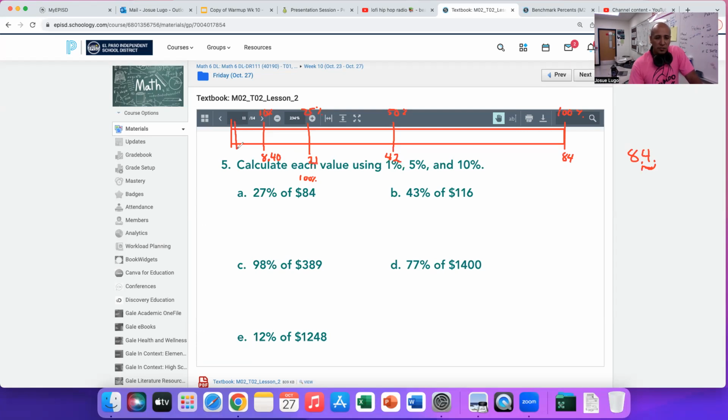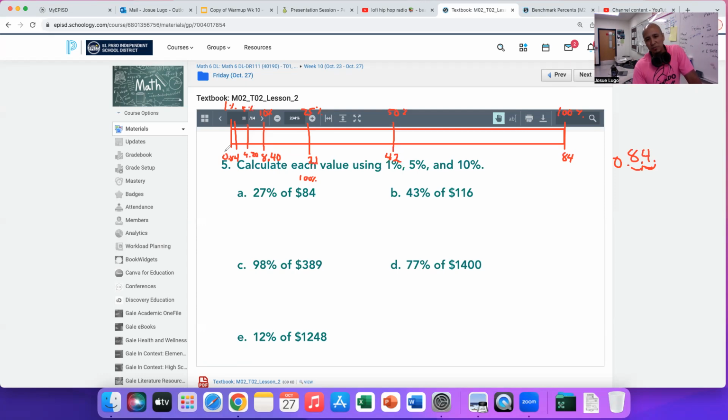Our 1% will be taking that decimal not only one time, but two times. So that's going to be 84 cents. 84 cents is 1% of $84. And our 5% is going to be 8.4 divided by 2, which is 4.2, or $4.20.